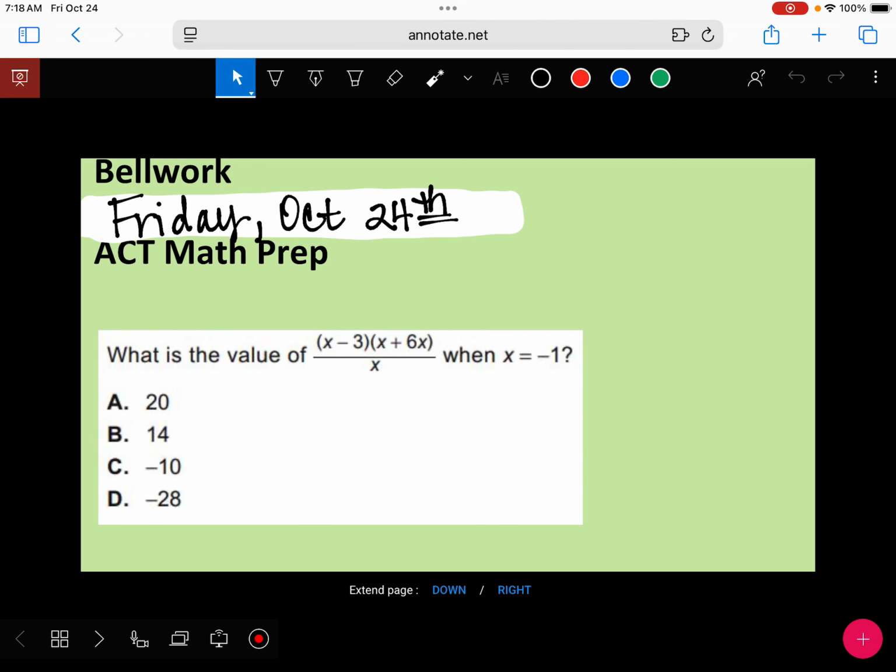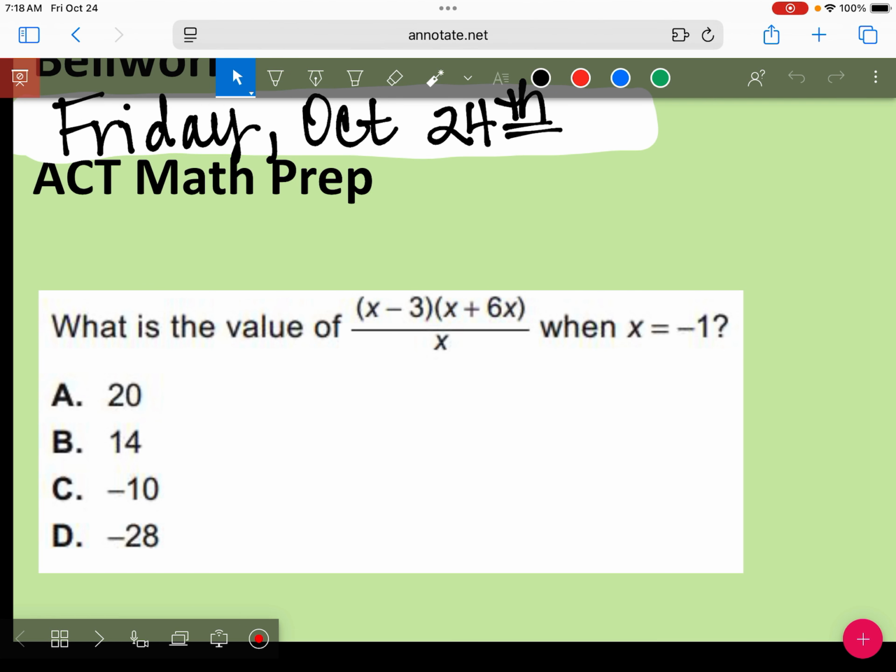So you're going to take that -1, and every place where you see X, you're going to put it. You're going to put it here, here, here, and here.